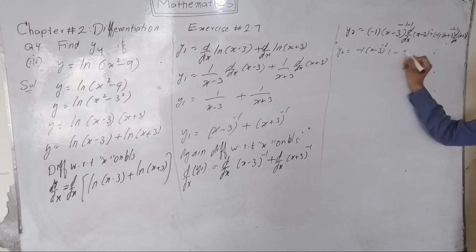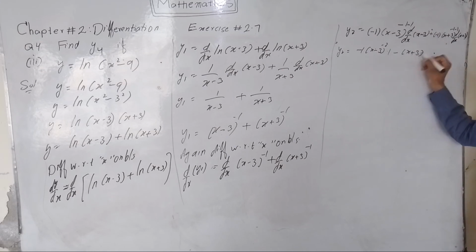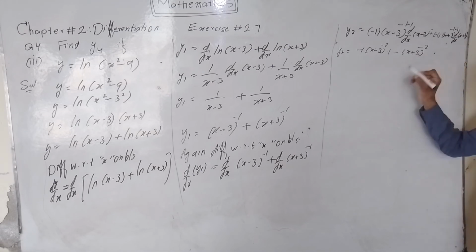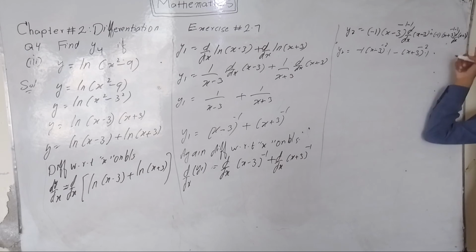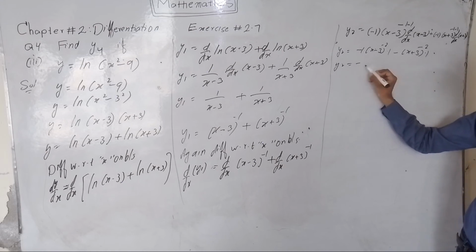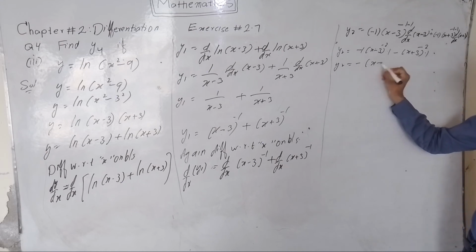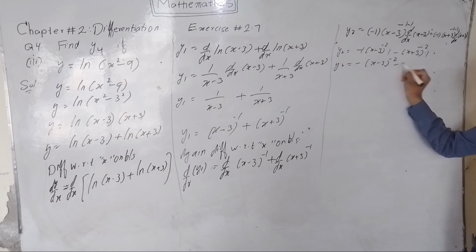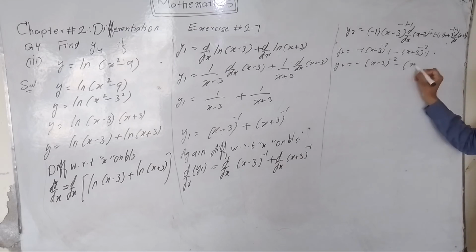Plus minus minus into (x plus 3) whole power minus 1 minus 1 is minus 2. Derivative of x with respect to x is equal to 1. Derivative of 3 with respect to x is equal to 0. So y2 is equal to minus 1 into (x minus 3) whole power minus 2 minus 2 (x plus 3) whole power minus 2.